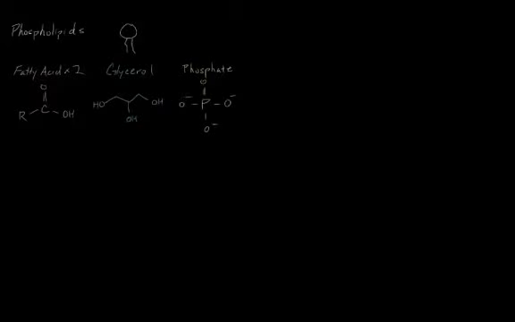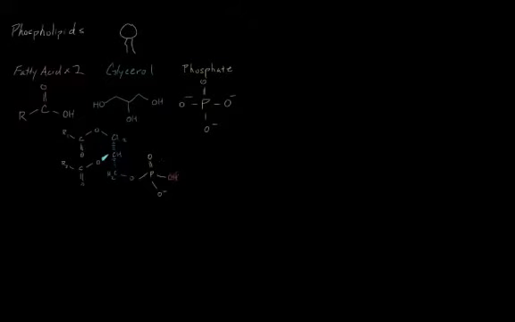Just for the sake of time, I've pre-drawn a picture of all of this put together. And it looks like this. So you can see that we have our two fatty acid chains attached through an ester bond with our glycerol, attached through another ester bond with our phosphate group.